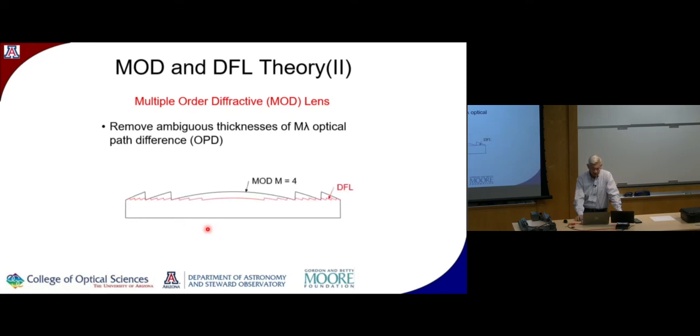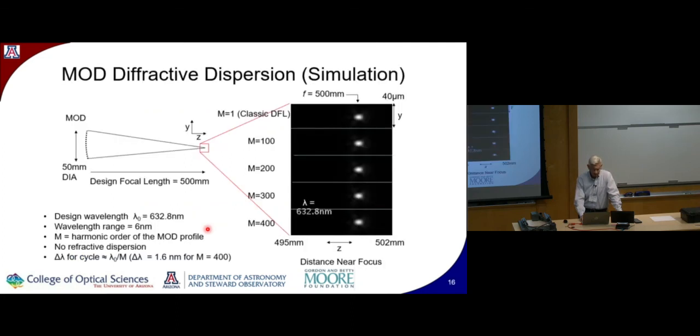If you look at the relationship between a DFL and a mod lens, the mod lens is slightly thicker, although really not that thick, and the zones are spaced more widely apart. Now in this animation, what I'm going to show is the focal region due to a mod lens with different M numbers.